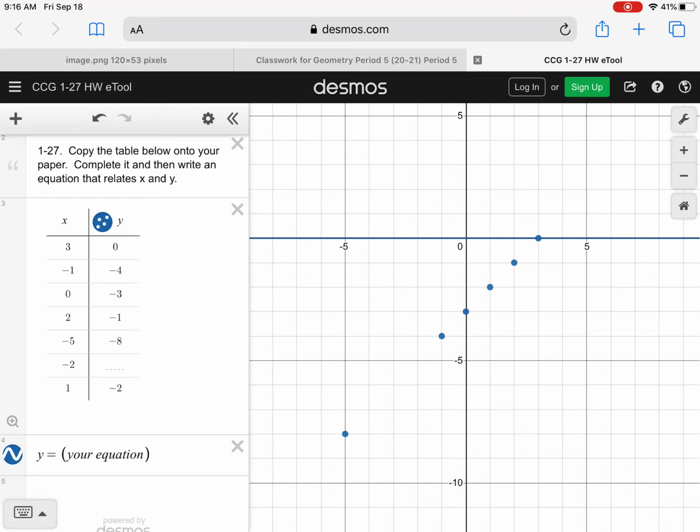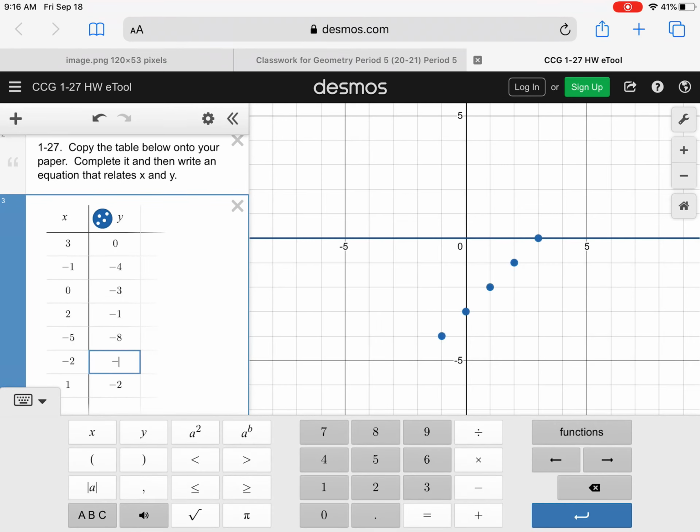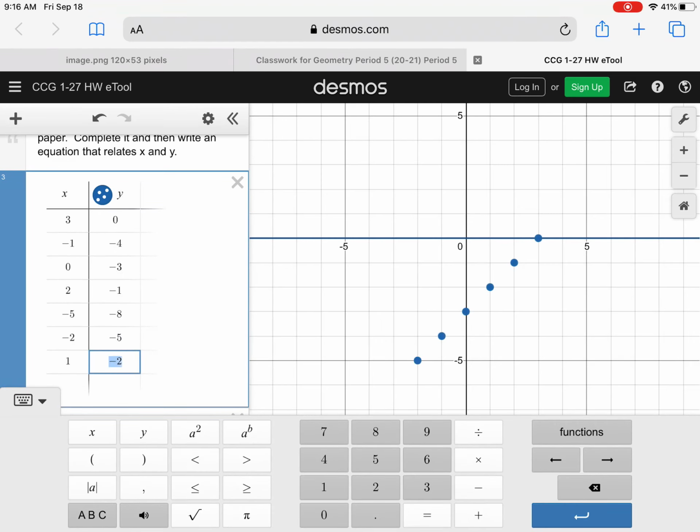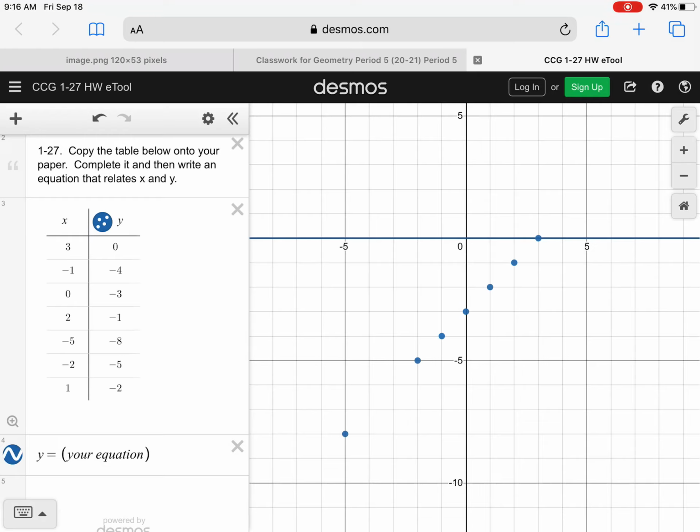And notice that it put that new dot in, which is still on the same line as that one. And then we see a -2, which would then be at -5. So if you use this Desmos tool, it can help you plot the points so that you can see it.